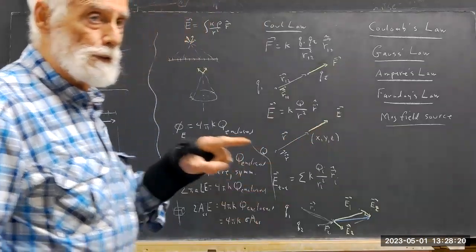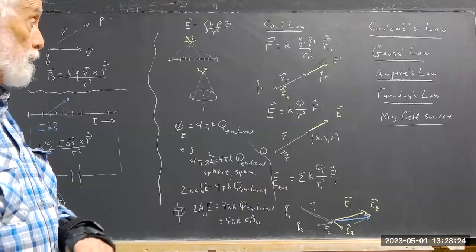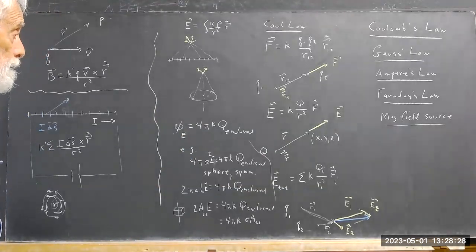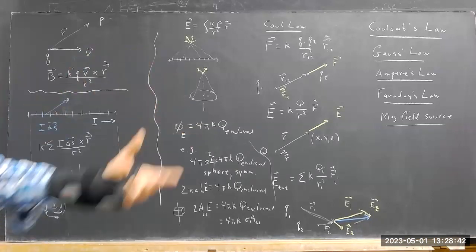Current is either a straight line or a loop. Other current configurations are much more difficult, and a lot of times you have to use approximations, look things up, look up what somebody else measured.